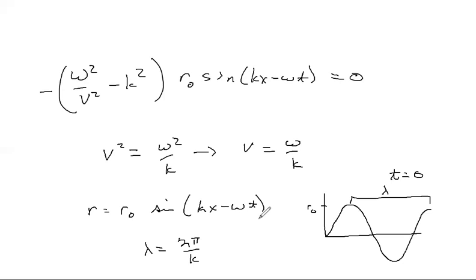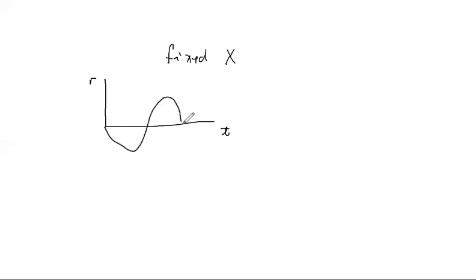Similarly, you can do the same thing in the time direction. You can say at fixed x, you can graph your function, and now time is on the axis, and for the right mover we would get a sinusoidal graph.